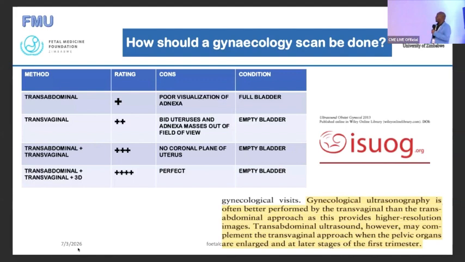So gynecological ultrasonography is often better performed through the transvaginal route, which provides a higher resolution. Transabdominal scan, however, may complement transvaginal scan when the pelvic organs are enlarged, so you may use the two together.